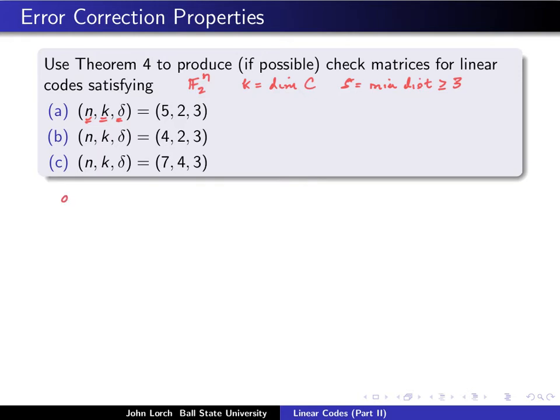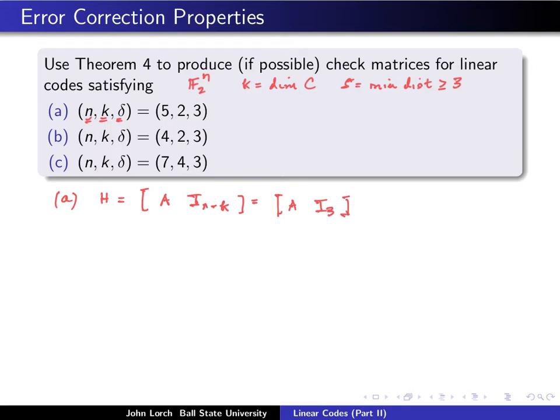All right, so let's just start doing this, right? So in part A, we know that our check matrix H is going to look something like this. So it's I sub n minus k. N minus k in this instance is equal to 3. So it's going to be A comma I3. Now, how big is A?